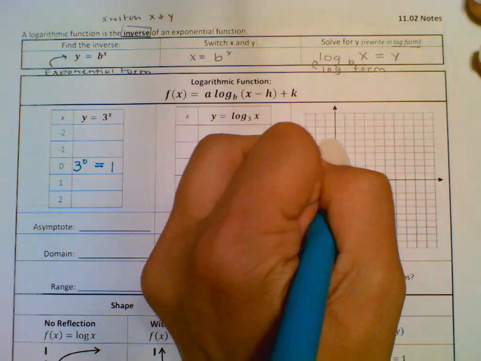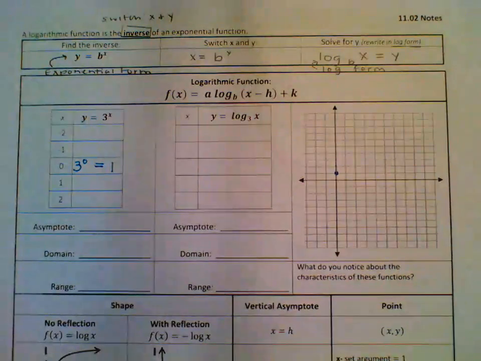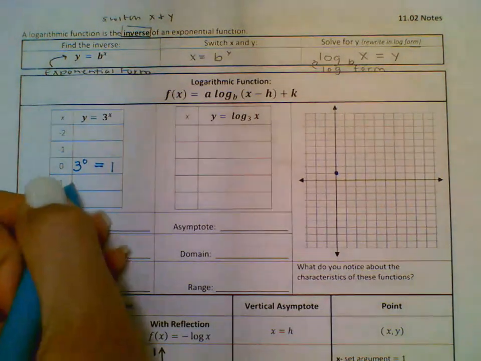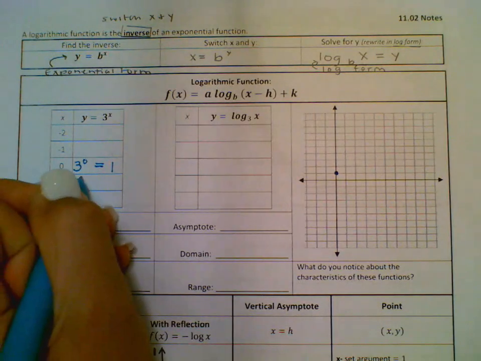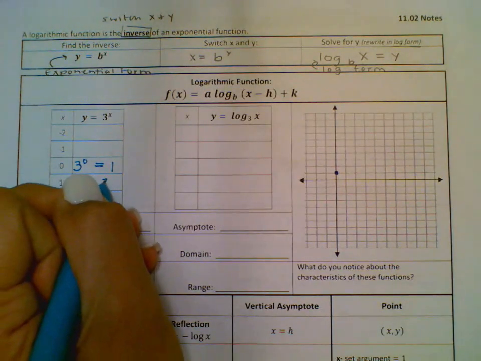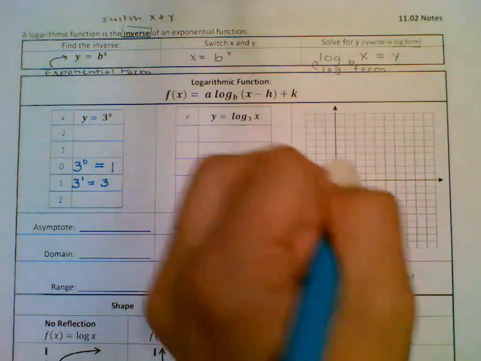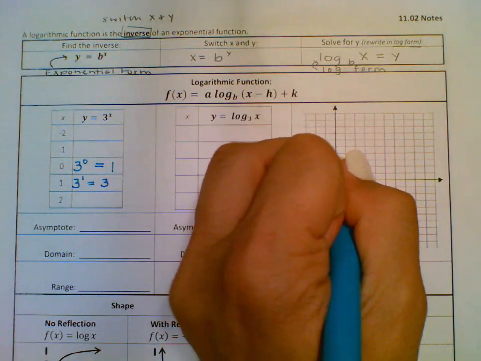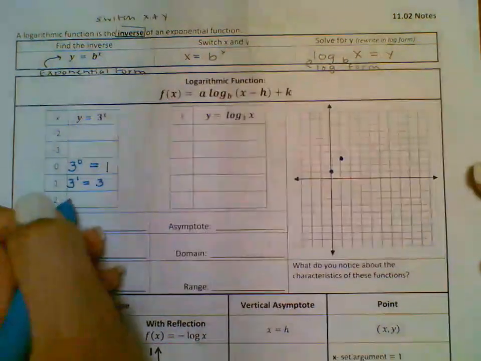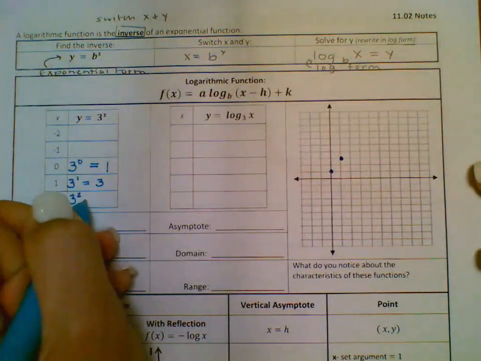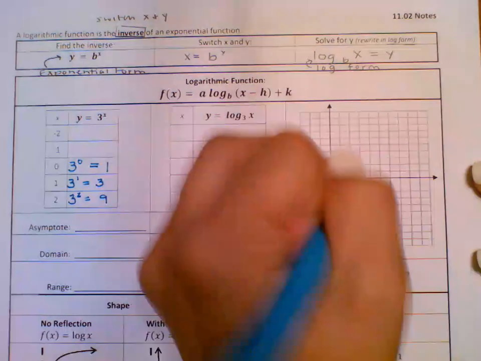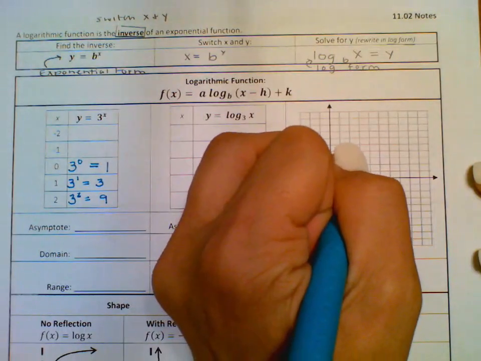So over 0, up 1, we have the first point on our graph. If I plug in 1, 3 to the first power is 3. So the point (1, 3), over 1 up 3, is also on the graph. And then if I plug in 2, 3 squared is 9. So over 2, up 9.